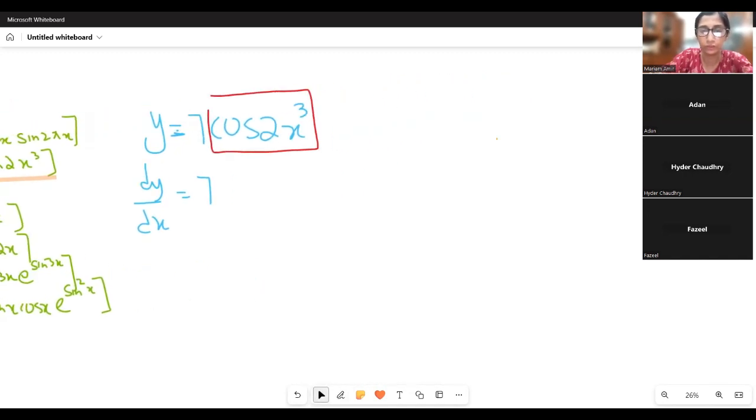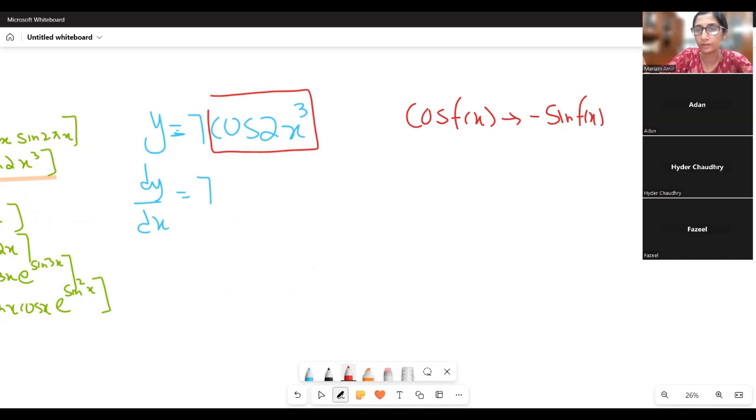So what's the derivative of cos fx? The derivative of cos fx is minus sine fx times f prime x. So the derivative of this is going to be minus sine, the fx stays the same, 2x cube. And now we have to multiply the derivate of fx, which is 2x cube.